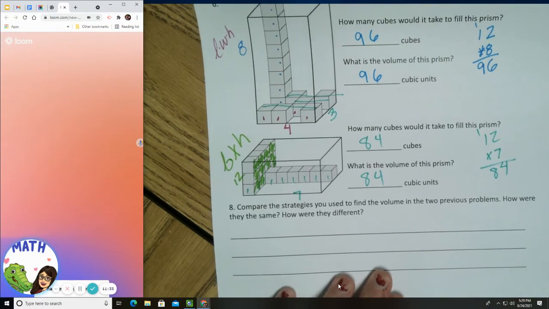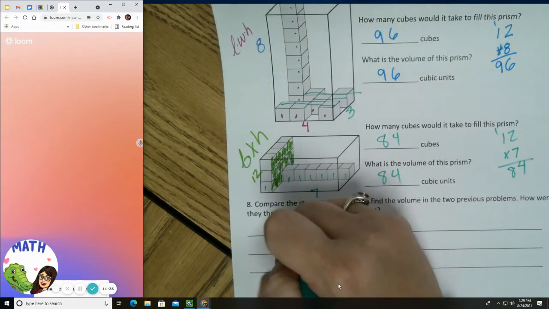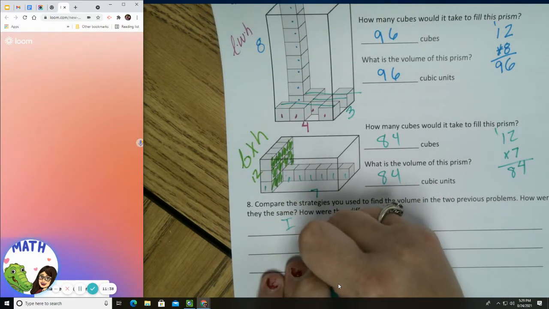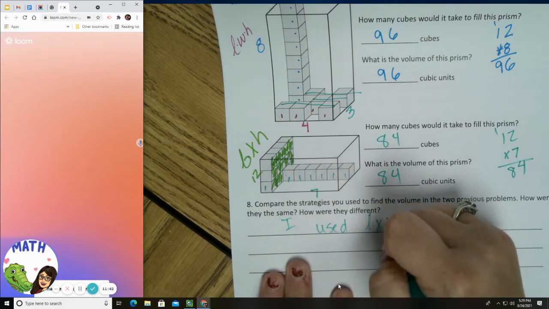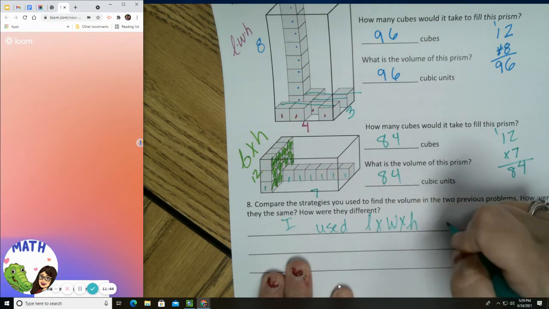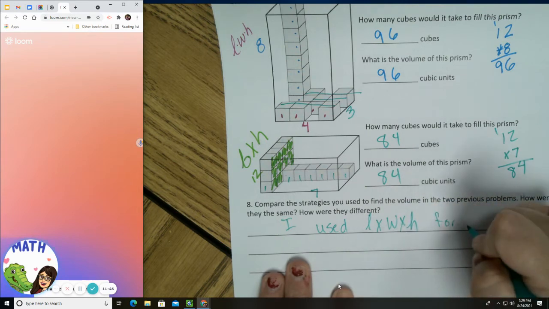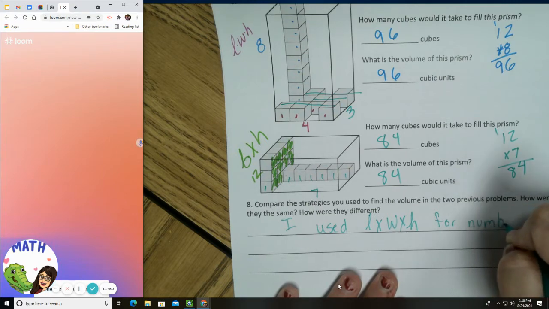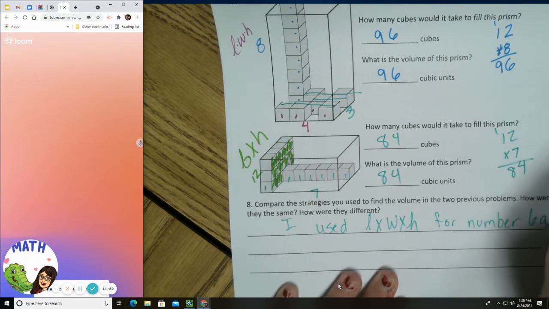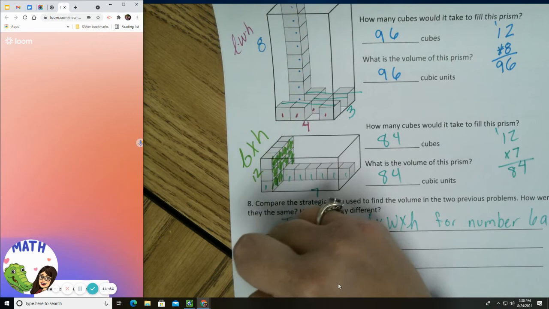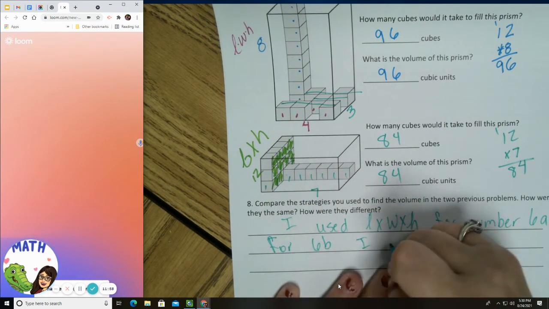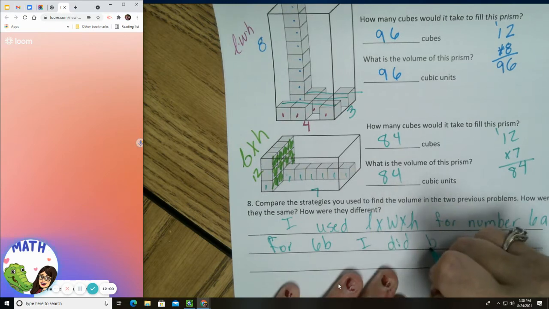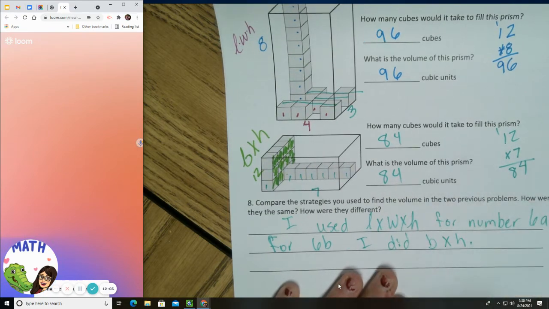Compare the strategies. I used length times width times height for number 6A. For 6B, I did base times height.